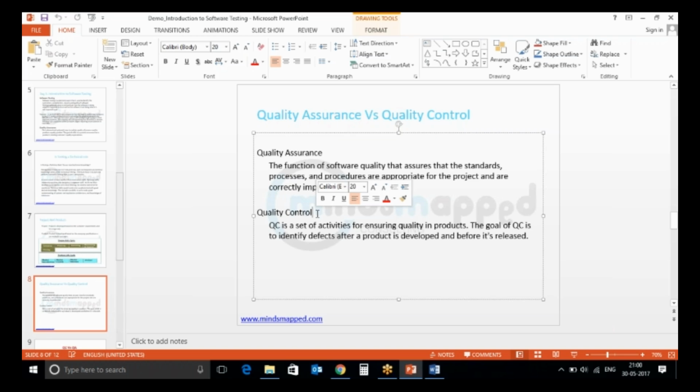As in, the process of finding all the defects, that is quality control. And the standards, procedures and processes that you follow to achieve quality control is quality assurance. Any questions around the same?